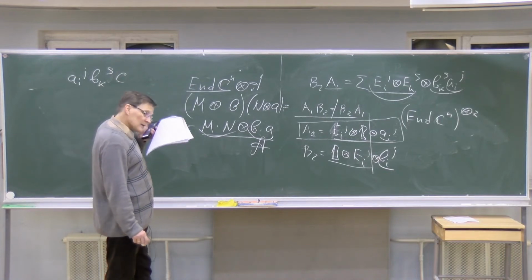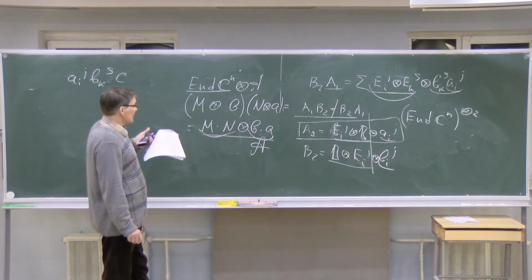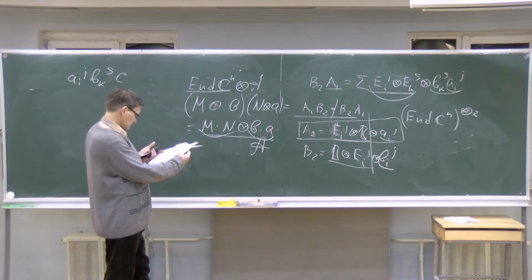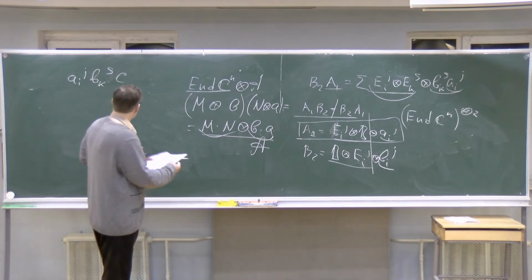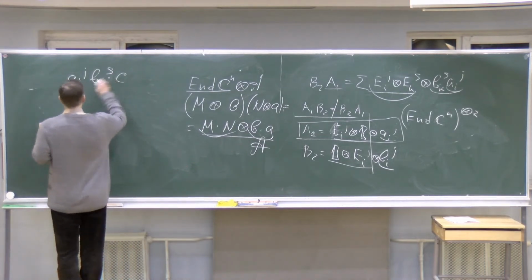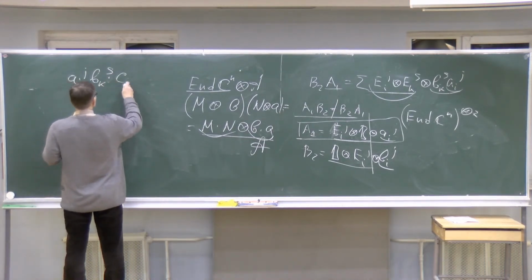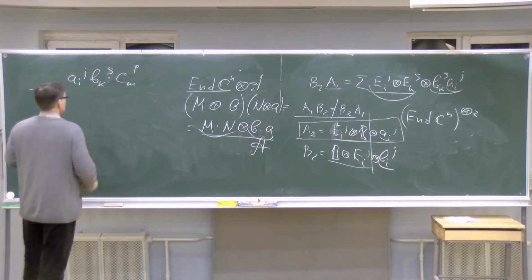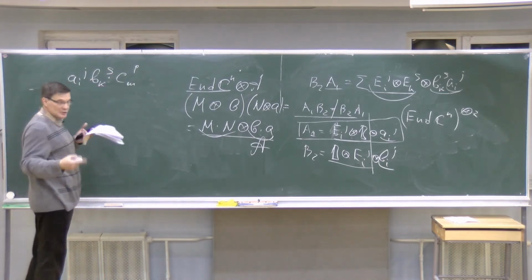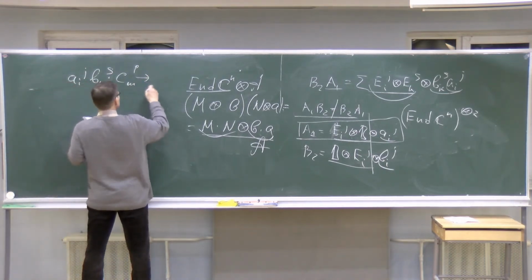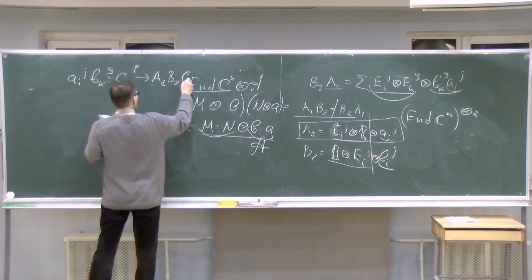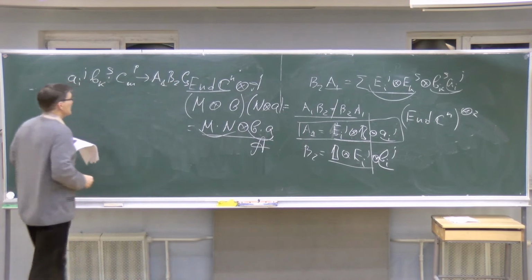I understand. Okay. So if I have the product of such elements with three pairs of free indices, I will treat it as the matrix elements of this matrix.